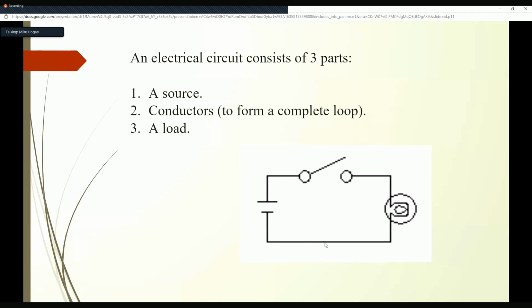The conductor will conduct negative to positive. It'll go through the load, or through this LED. This LED will light as long as this switch is closed. When the switch is opened, the LED is going to cut off because I no longer have a completed circuit, therefore no electron flow.